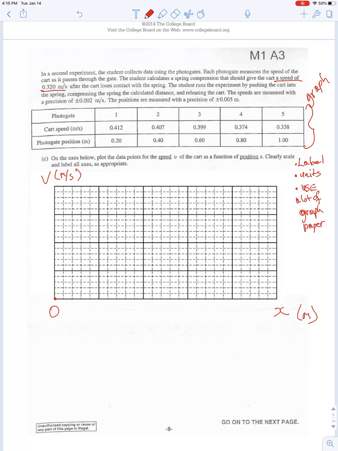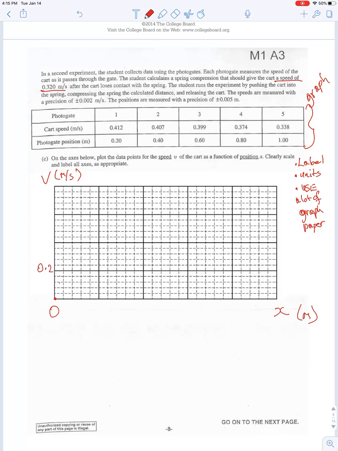I want to make it as big as possible, but it's 0.412. Why didn't they give us that on the V? Can't be 0.1. So let's make it 0.2. 4, 8, 12. Okay, so this is 0.2.